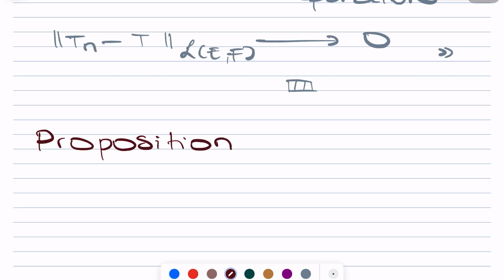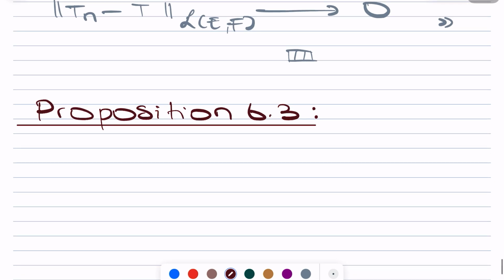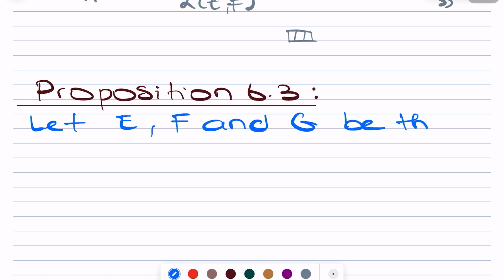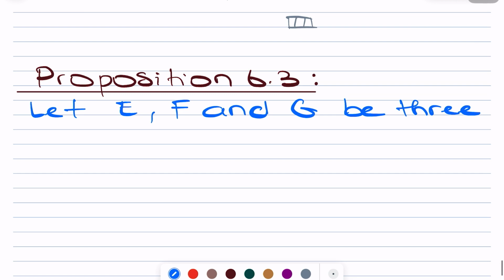proposition 6.3. What do we know about, if I take, we let E, F, and G be three Banach spaces.